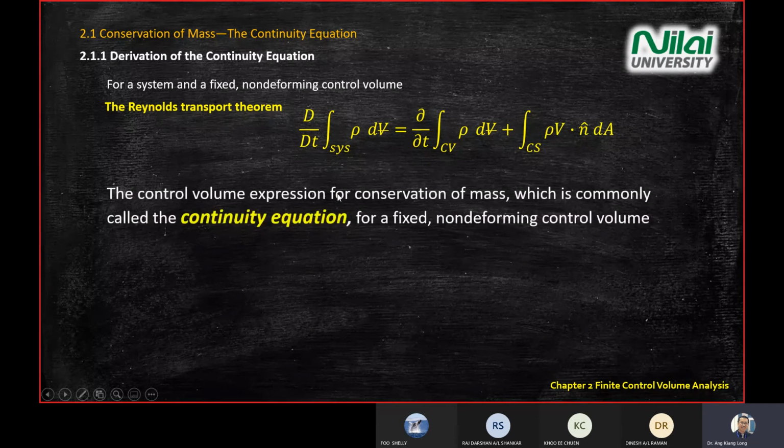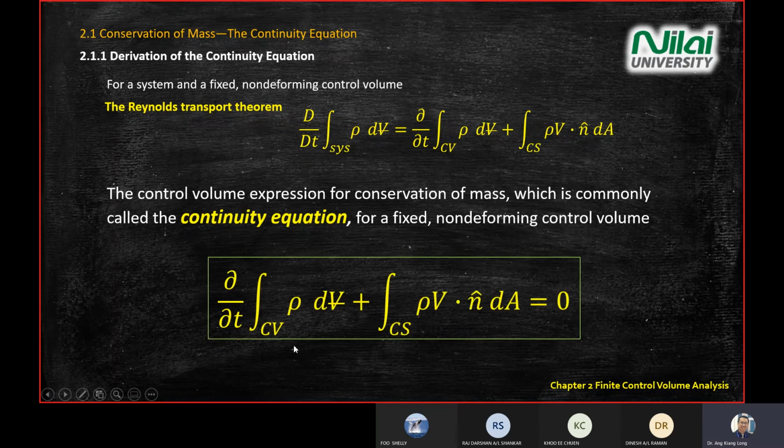When you apply the continuity equation for a non-deforming control volume, meaning the control volume doesn't change, your system dm over dt is equal to 0. So these two components, CV and CS, will add up to 0.